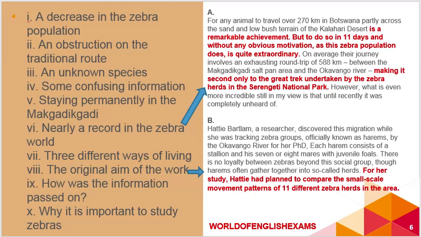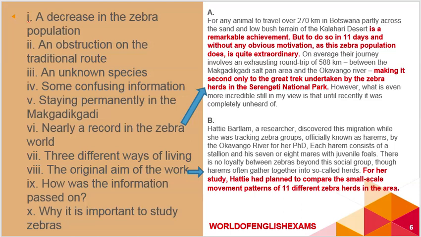There is no loyalty between zebras beyond the social group, though harems often gather together in so-called herds. Okay, it's talking about the zebra population, and you should not confuse with the first title, that is decrease in the zebra population, because nothing is mentioned about decrease. They're only talking about the population and what would the population constitute.